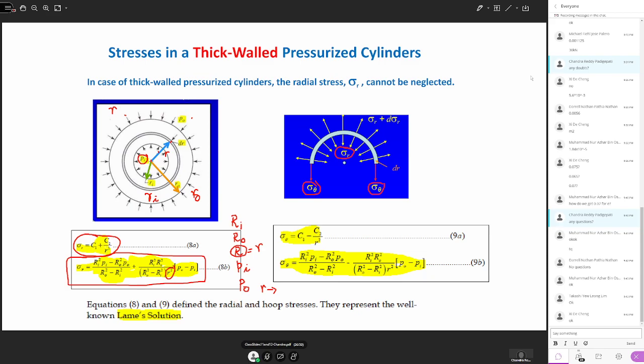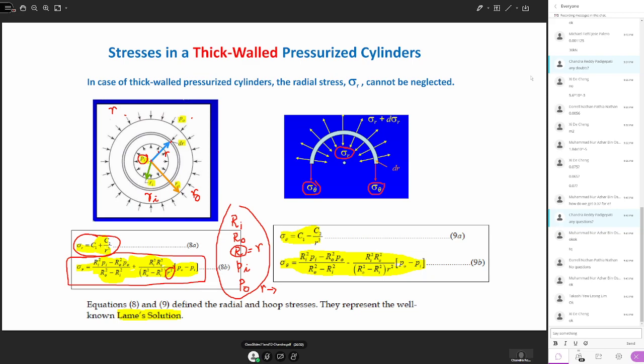The most important characteristics are inner radius, outer radius, inner pressure, outer pressure, and the variable R, which represents any point within the thick cylinder where you are calculating the stresses.